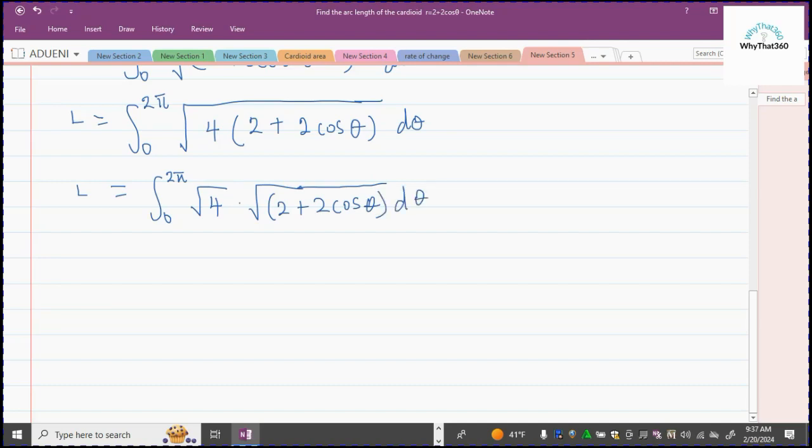And now this root 4 can be written as 2. We will have L as equal to, now we can bring the 2 first before the integral sign, from 0 to 2 pi of the square root of 2 plus 2 cos theta, all of this d theta. I believe everything is cool.